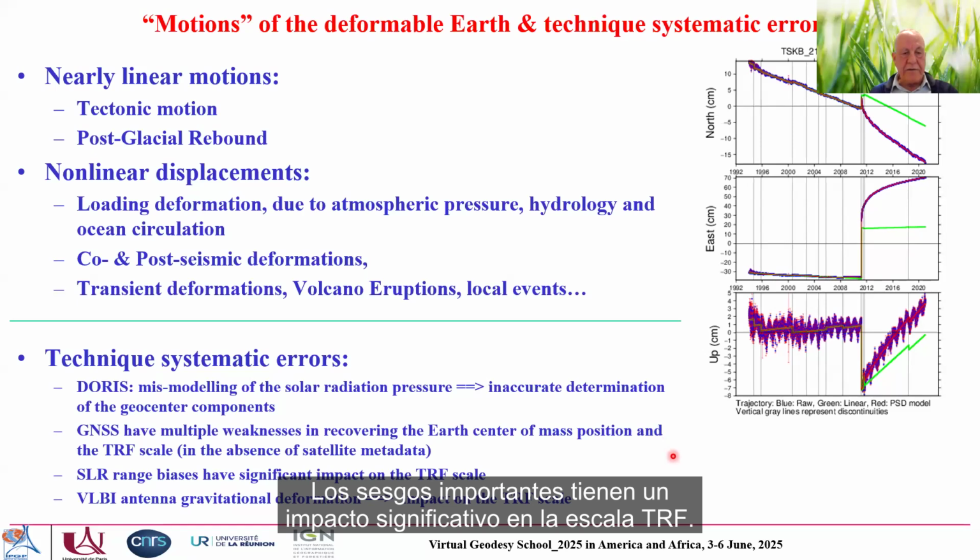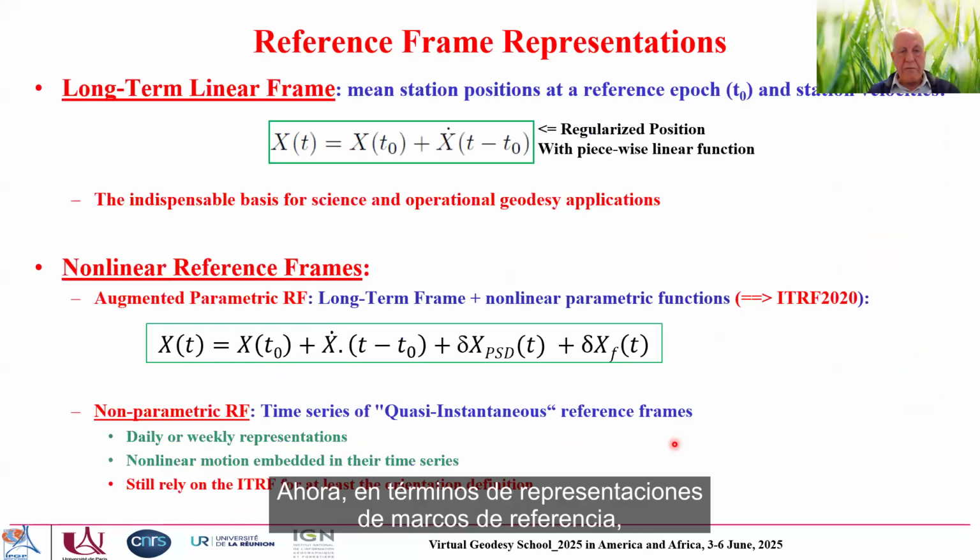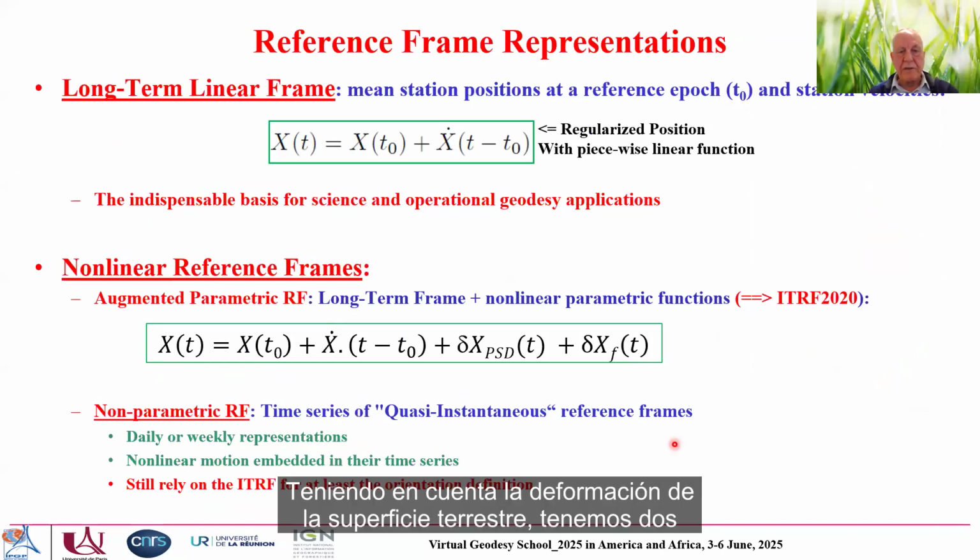SLR range biases have significant impact on the ITRF scale, as well as the VLBI antenna deformation that impacts also the scale.